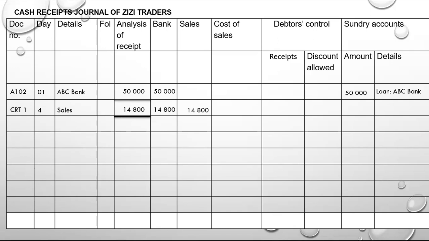Now we miss it, cost of sales. How do we calculate cost of sales? You will take the 14,800, multiply it by 100 and then divide it by 100 plus markup. Let me go back and see what my markup was.